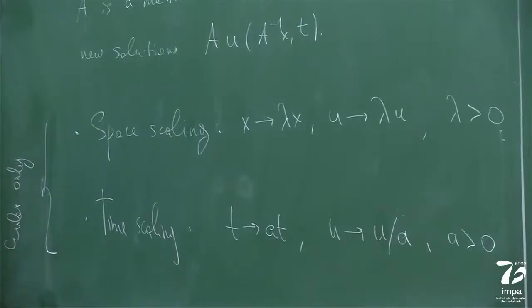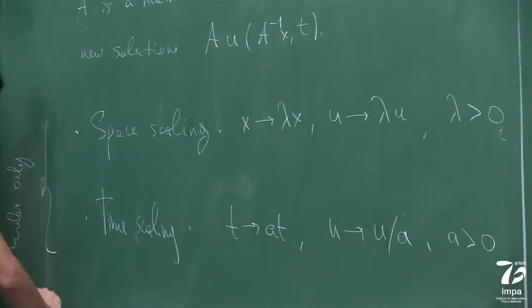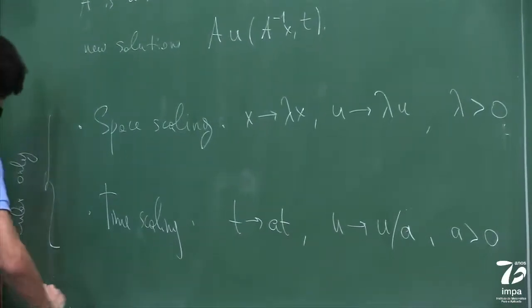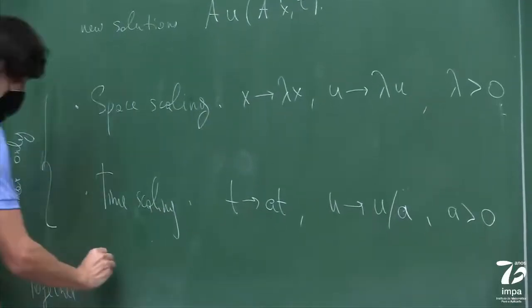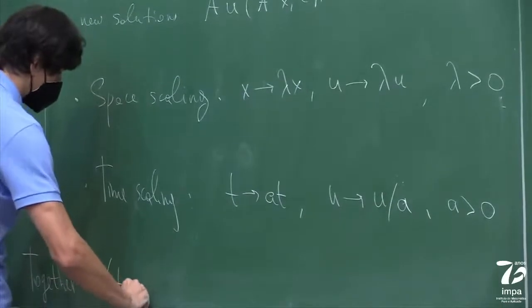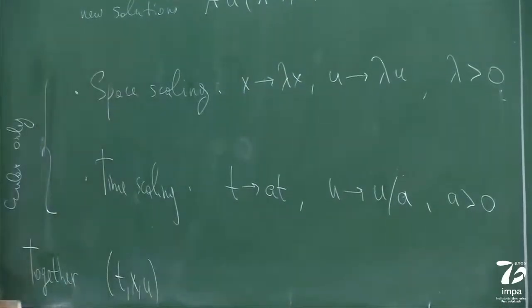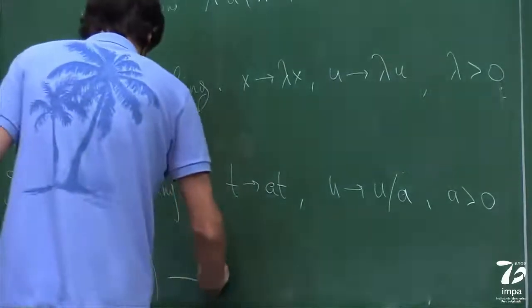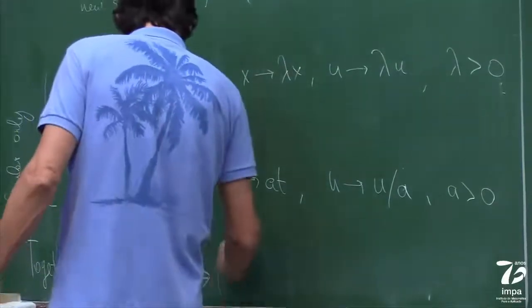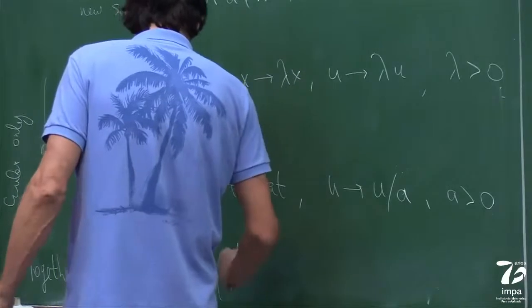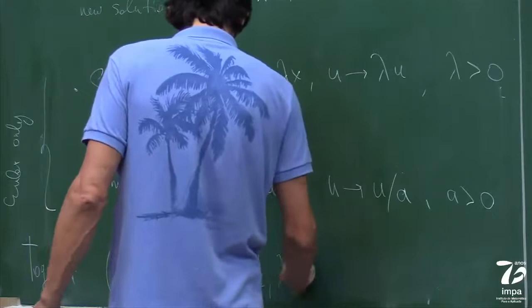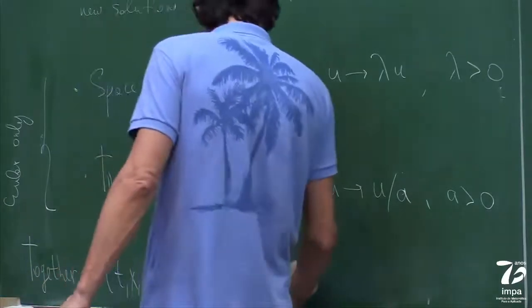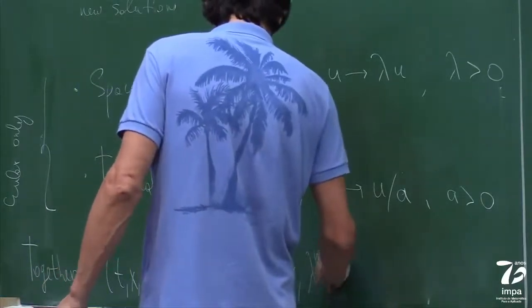So you can put it together. One of the conventional ways to put it is that you take the triple u, x, t and change the scale in the following way: lambda to the 1 minus h times t, then lambda x, and lambda to the h times u.